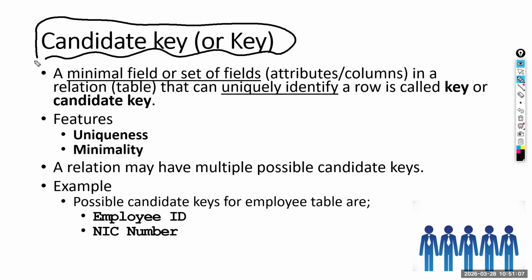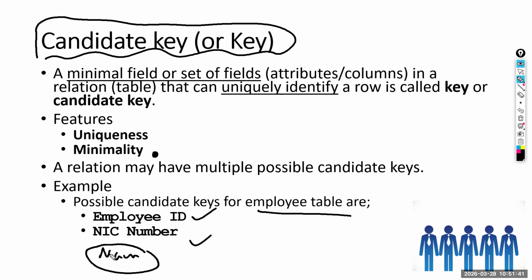And also it must be minimal. Minimal means your candidate key must have the minimal number of fields. If not, it's not a candidate key. For example, for an employee table, maybe employee ID is a candidate key. NIC is a candidate key, but not the name. Why?